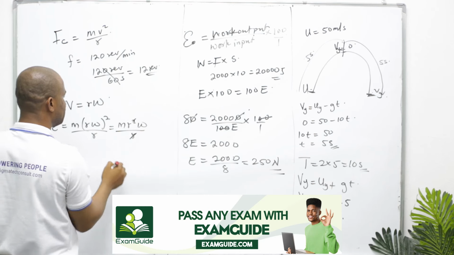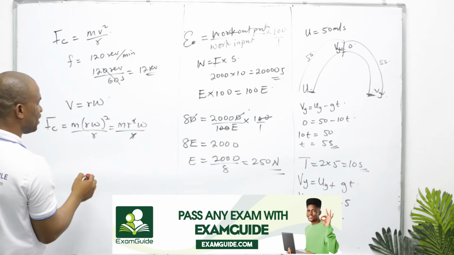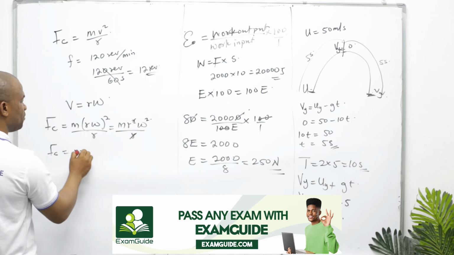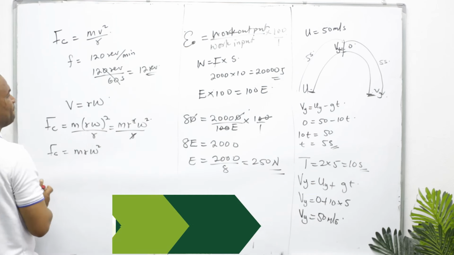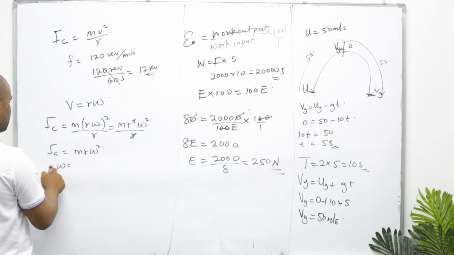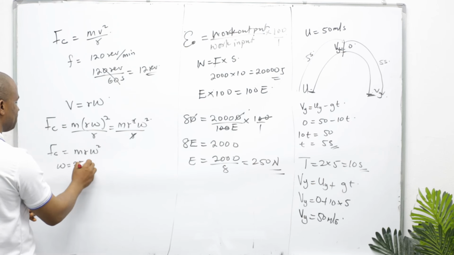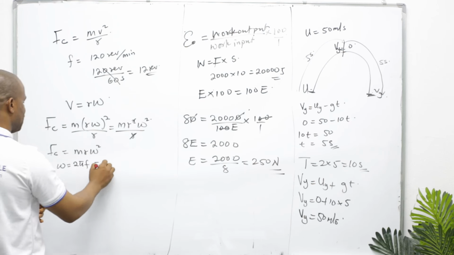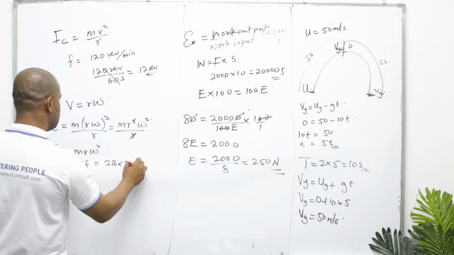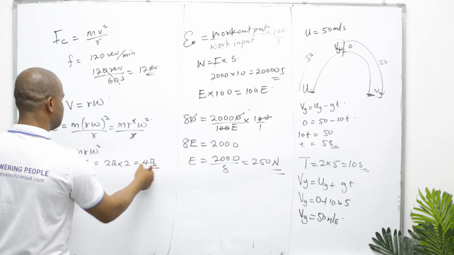This cancels this, so I have that the centripetal force is m r omega squared. Now, what is the angular velocity? It is given as 2 pi f. This is 2 pi times f, which is 2, so it is going to be 4 pi.